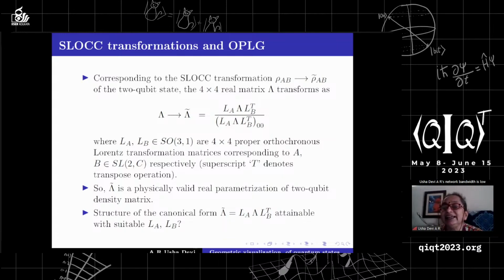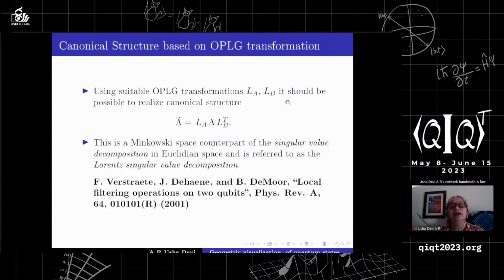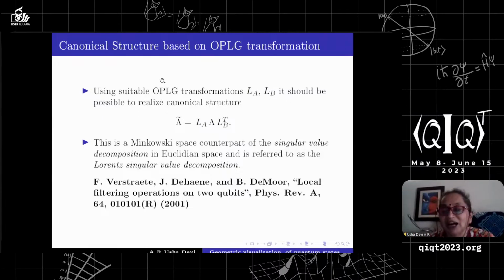This is achievable on what is called the SLOCC orbit of the density matrix. So now if I take the Lorentz transformations, also called the orthochronous proper Lorentz group, we have a canonical structure like this.